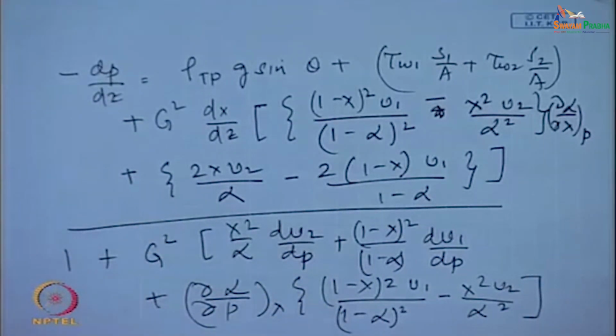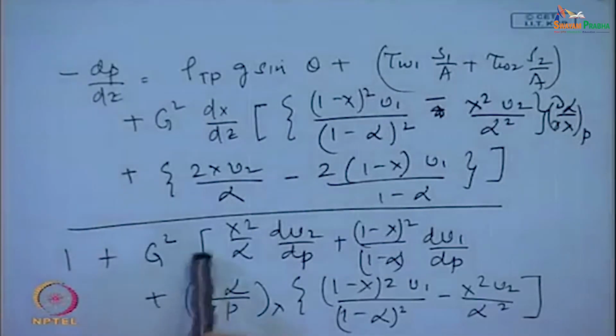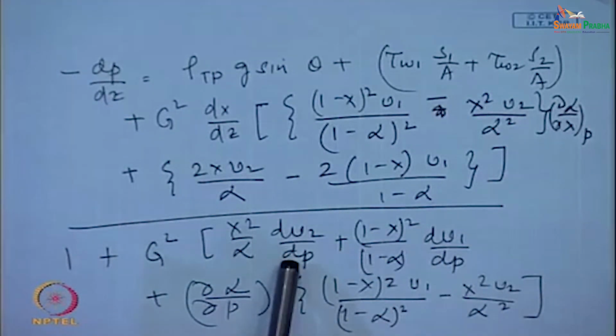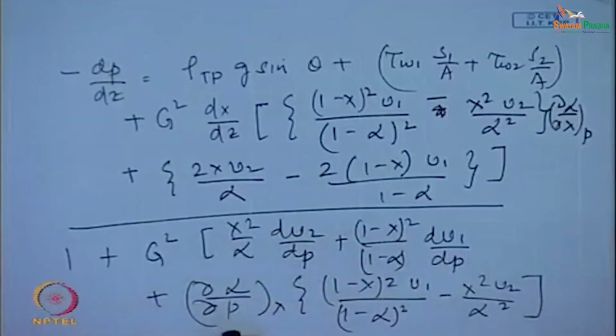Okay. So, now if we compare what we have in the transparency, we find that the denominator part is 1 plus G square dv dp. Here also we have 1 plus G square. Since there are two phases, we have dv1 dp, dv2 dp. Till this much we already had in the homogeneous flow model. Now, in this particular case, since alpha is also a variable, we have one term concerning alpha.